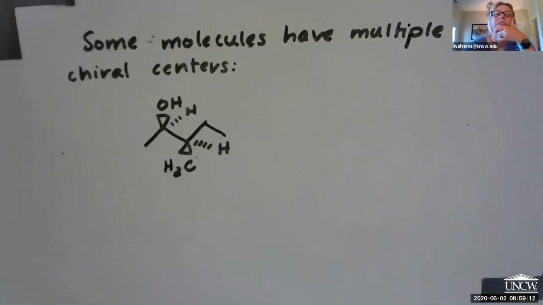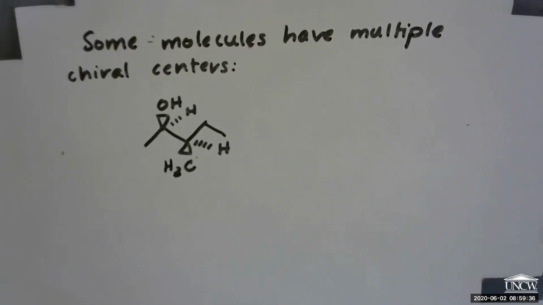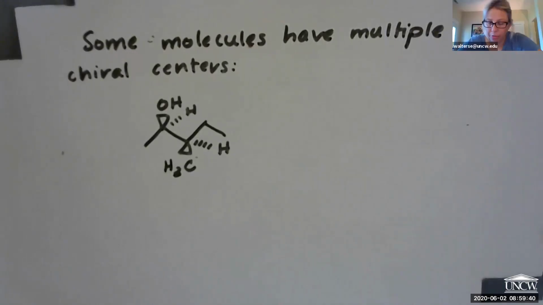Sure. So I was looking at when you number the different pieces that come off of the chiral center. I just wanted to confirm that we're only comparing one atom to one atom, not the total sum of the molecule. Right.